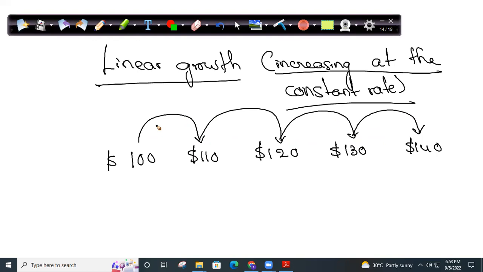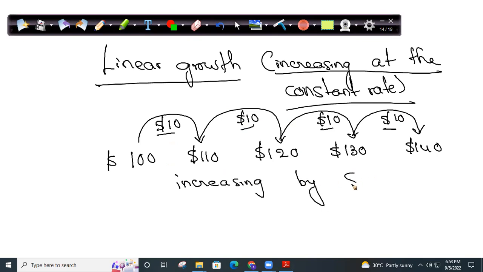Every day the amount you are earning has been increased by $10. Every day the amount that you are earning has been increased by $10. Same amount.